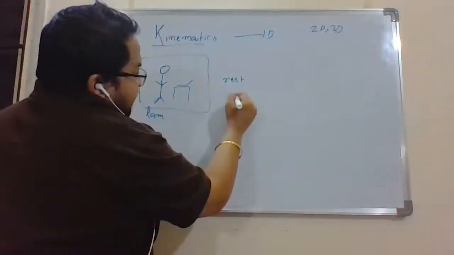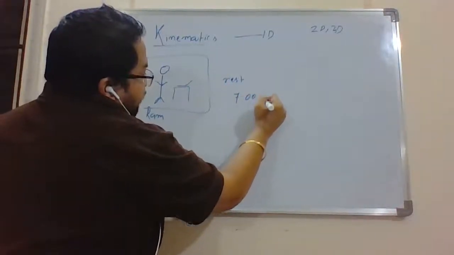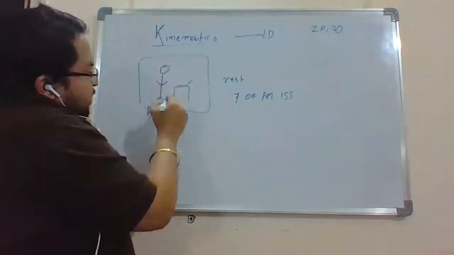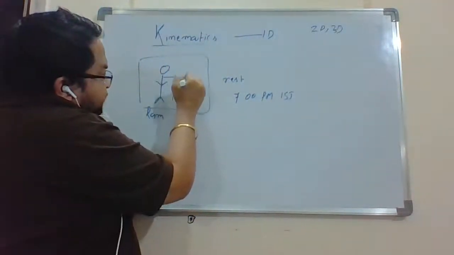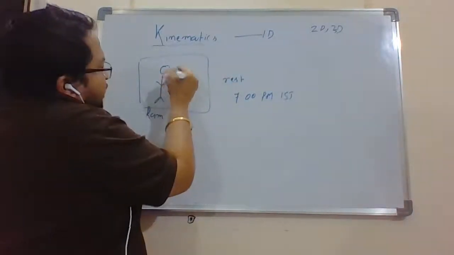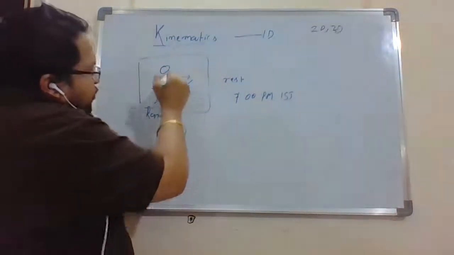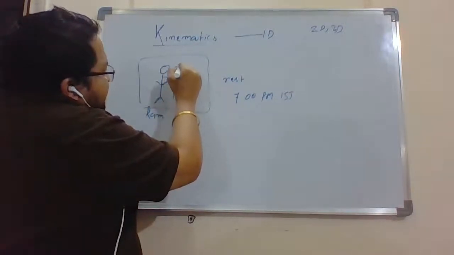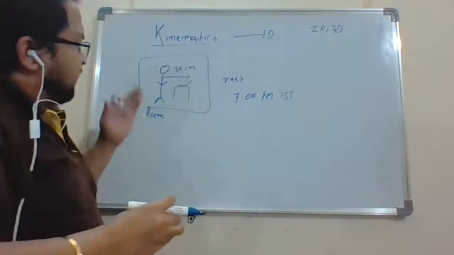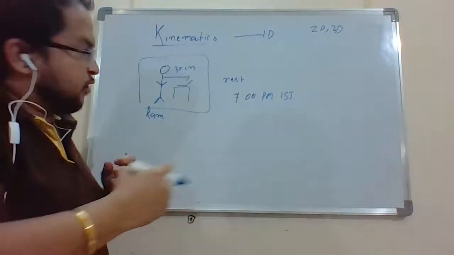Okay, so say at 7:00 p.m. India Standard Time, he found that the distance between him and this laptop was, suppose, probably 30 centimeters. 30 centimeters sounds logical, so it's just a hand apart from him.